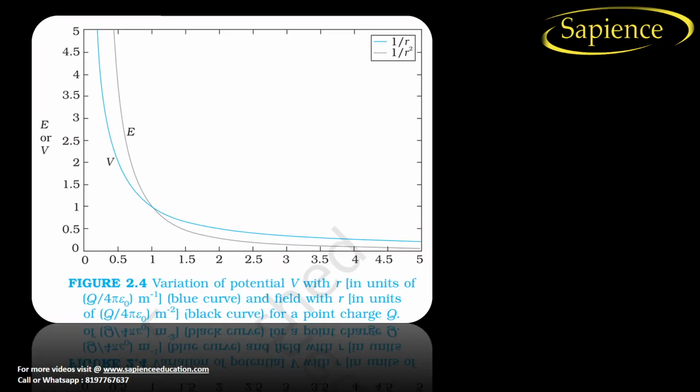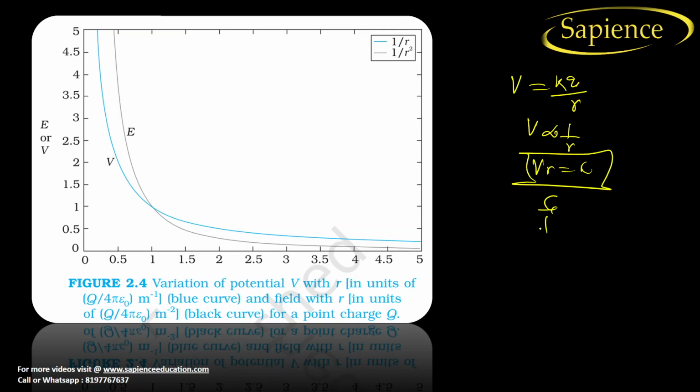See here, the variation of potential with R is in the blue curve, and the field with R is in the black color. Let us write the formula for potential: V is equal to KQ by R. So potential is inversely proportional to R, so VR is equal to constant. This will form a hyperbolic curve.